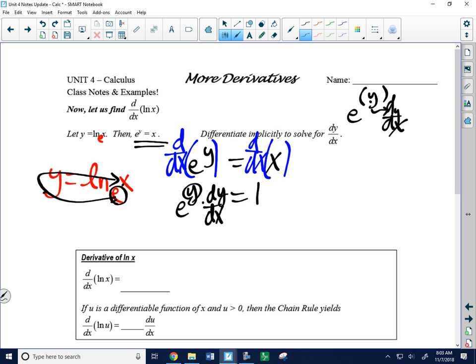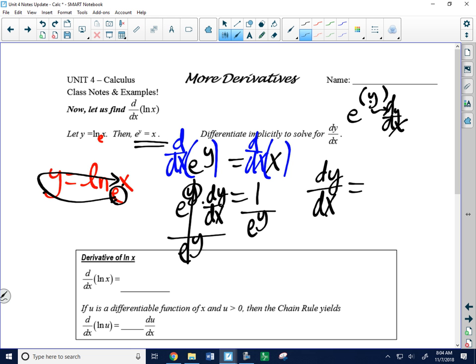Okay, and we solve for dy dx on these. So I'm just going to divide both sides by e to the y. Now that is it. That's dy dx in terms of a y variable.